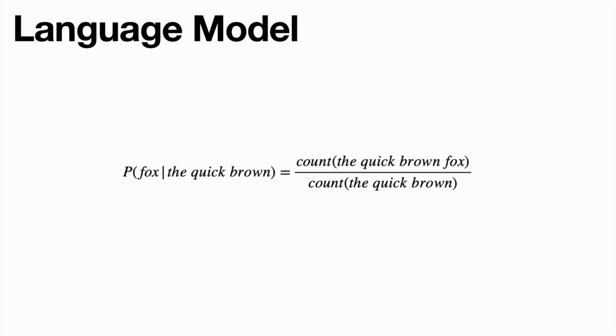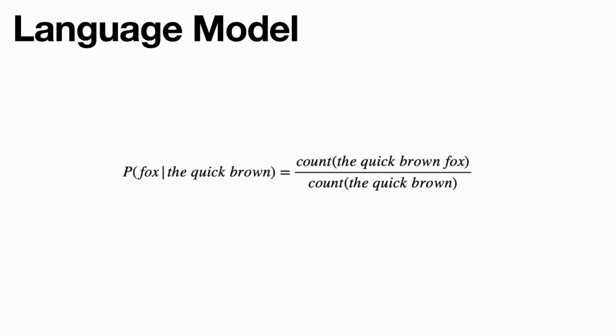In the training data set, we check the occurrences of "the quick brown" together and also the occurrences of "the quick brown fox". If we check this frequency or count of the four words coming together or three words coming together, and use that to calculate the probability, that is one way.